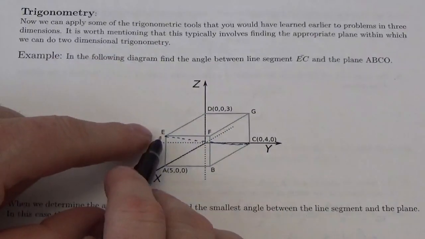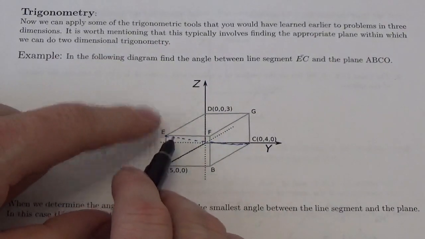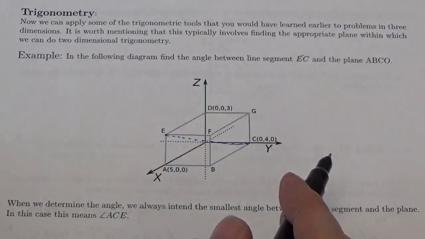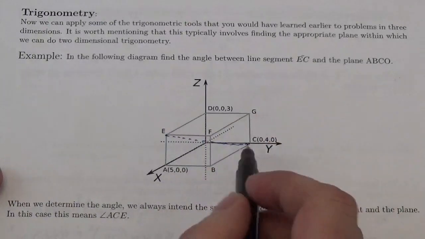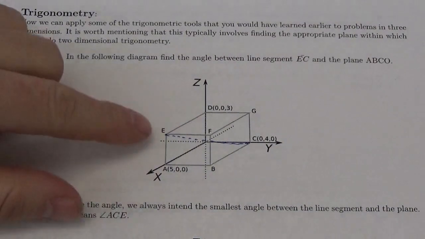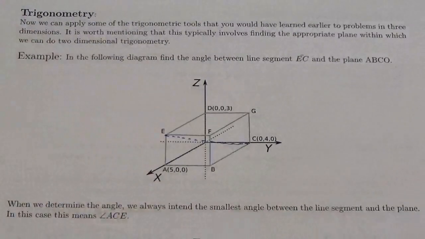So it's going from this corner on one end of this box to the exact opposite end. And the question we're asking is, what angle does that make with the plane? We've got to be careful here, because there are all sorts of angles you could make between this line and the plane.